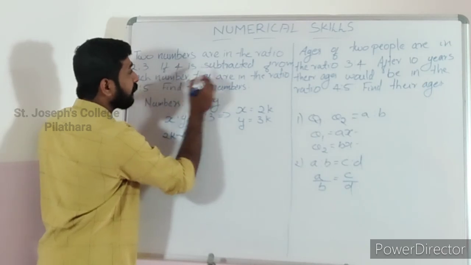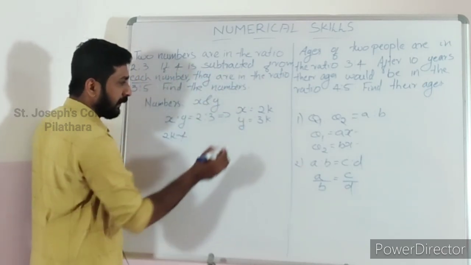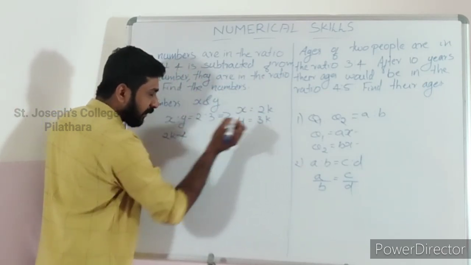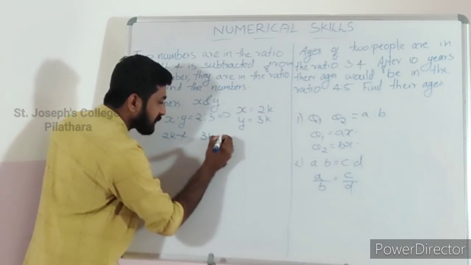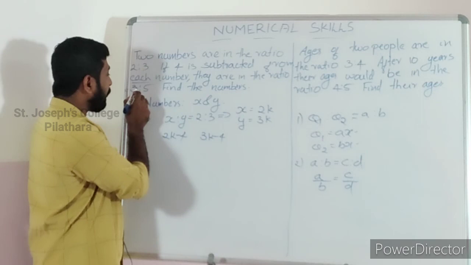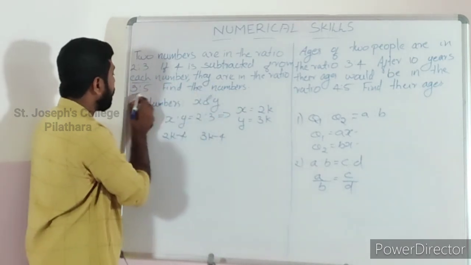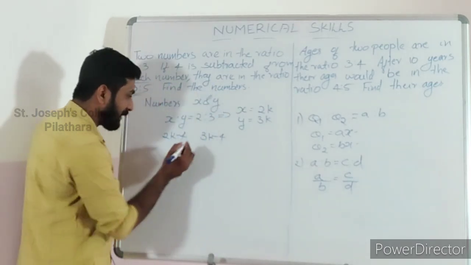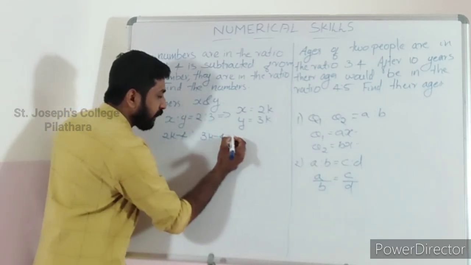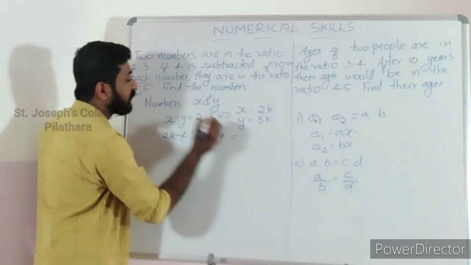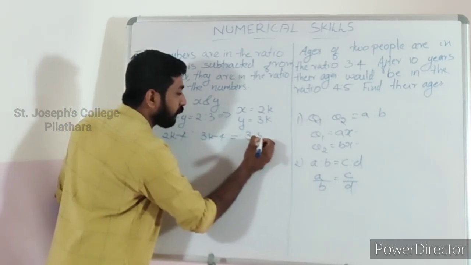If 4 is subtracted from 3K, it becomes 3K minus 4. Then the new ratio will be 3:5. That is, 2K minus 4 is to 3K minus 4 is equal to 3:5.